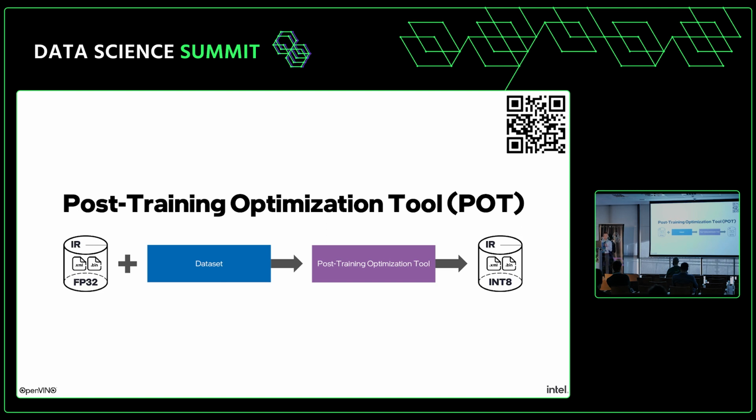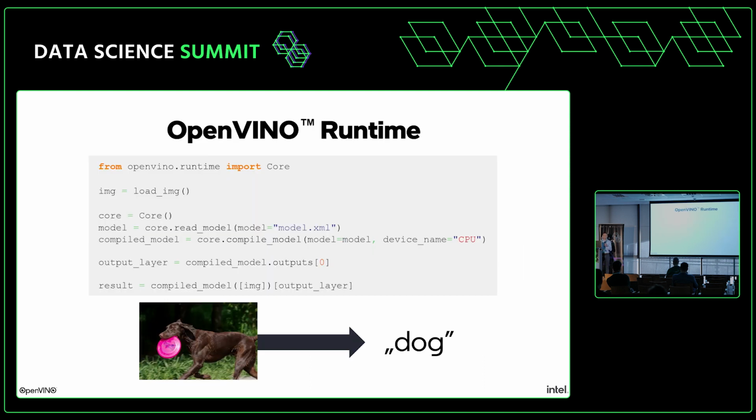And now it's time for the last step. Use OpenVINO Runtime to run the inference. And you need here these 7 lines of code. The first line, of course, import OpenVINO in Python. The next line, load your image or text or audio or any data. It could be anything.